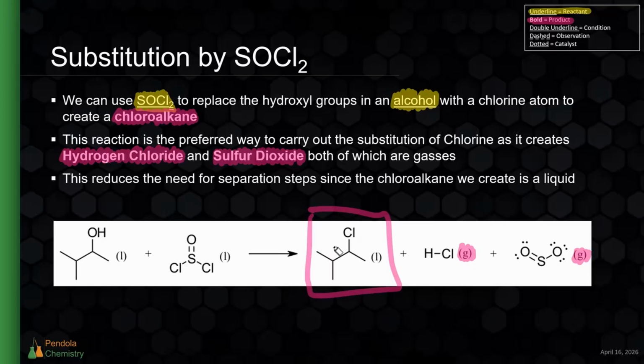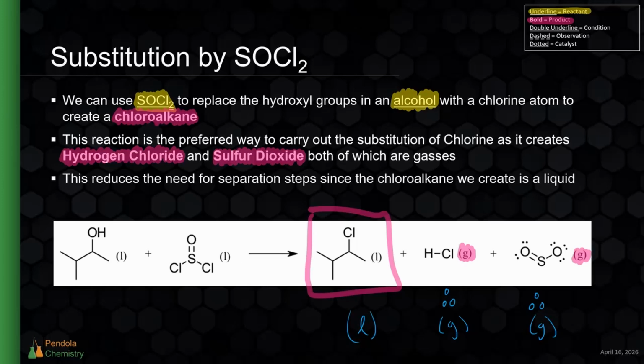This reaction is actually very useful. It is very unique to the creation of chloroalkanes, but it's very useful because when we do this, out of our three products, one of them is a liquid, which is the product that we're usually looking for, and the other two are gases. Because they're gases, they're going to bubble out of this solution, meaning that the liquid that we get after this reaction happens is simply just our halogenoalkane, or our chloroalkane specifically. It separates itself.